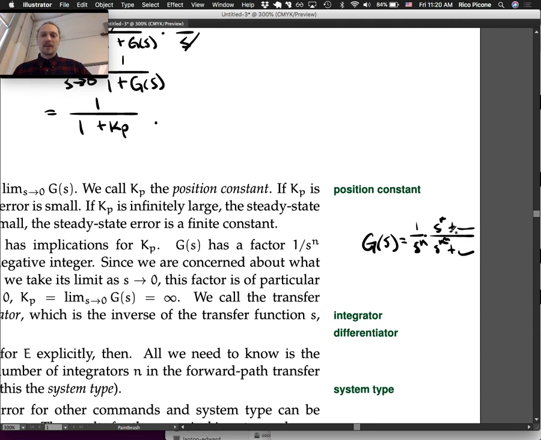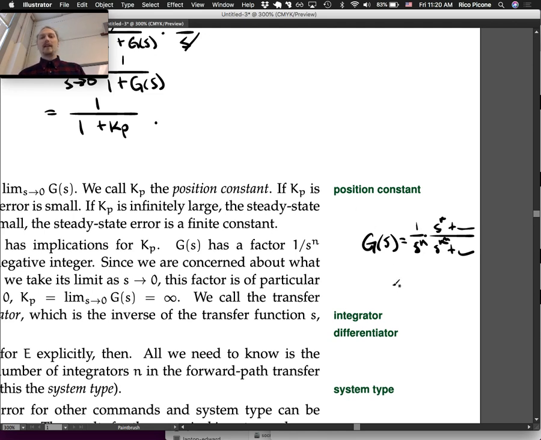So, 1 over s to the n. If you can set n to 0, that means that this would just be a factor of 1, right? So what we're saying is you can always have a factor of 1 over s to the n as long as you can make n 0. That holds true for every transfer function. But you might be able to factor out 1 or more s from the denominator, right?